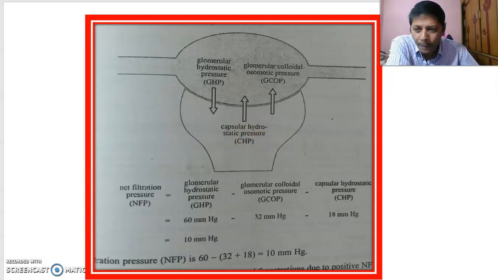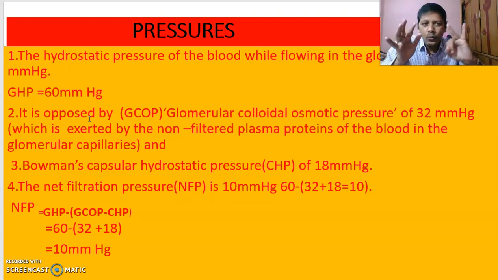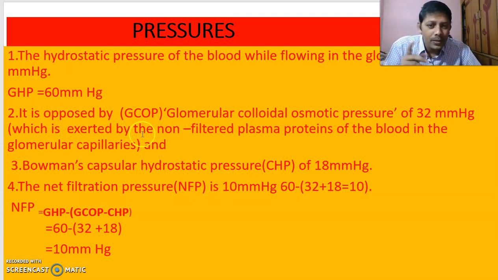Again, the hydrostatic pressure of blood while flowing in the glomerulus is 60 mmHg, abbreviated as GHP. It is opposed by two pressures. One is GCOP, glomerular colloidal osmotic pressure of 32 mmHg, exerted by the non-filtered plasma proteins of the blood in the glomerular capillaries. The other is Bowman's capsular hydrostatic pressure, CHP, which is 18 mmHg.